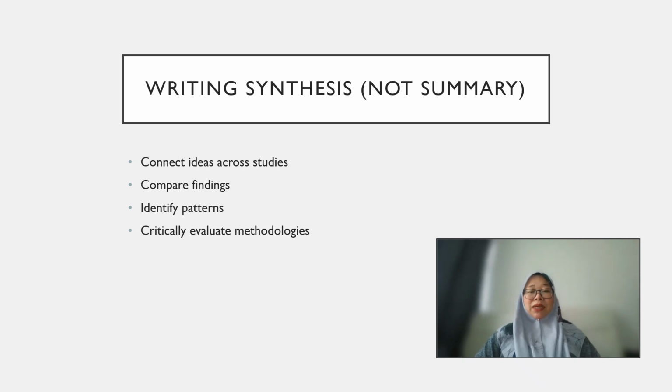A common mistake students might engage in is to produce a descriptive list of articles. A strong literature review synthesizes, meaning that you connect, compare, contrast, or even critique the articles.